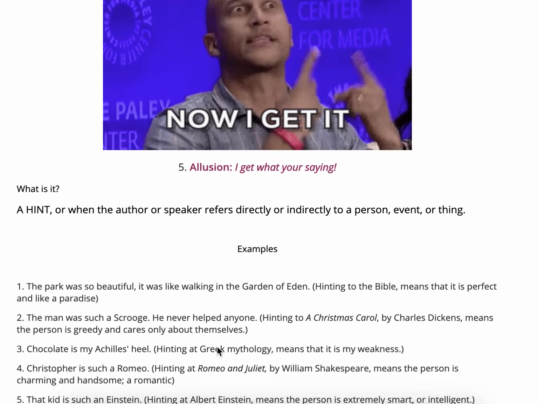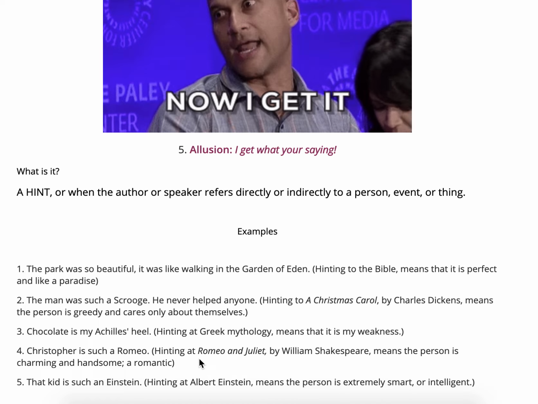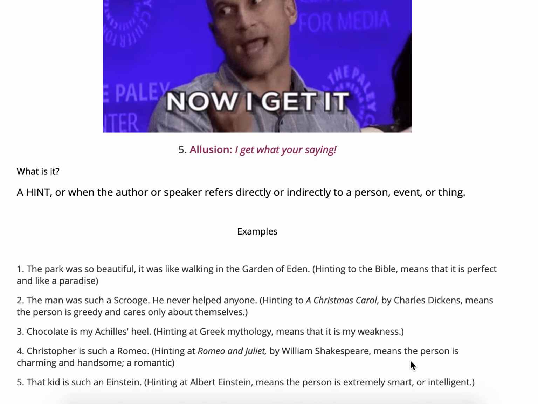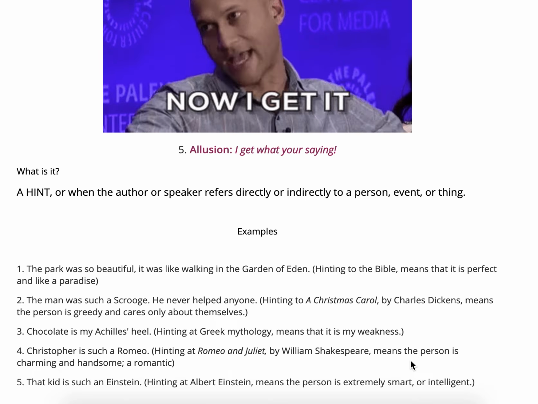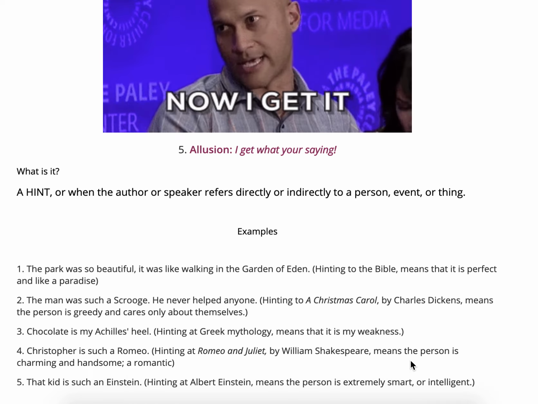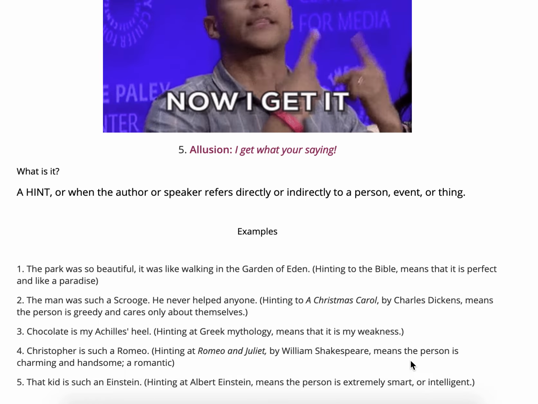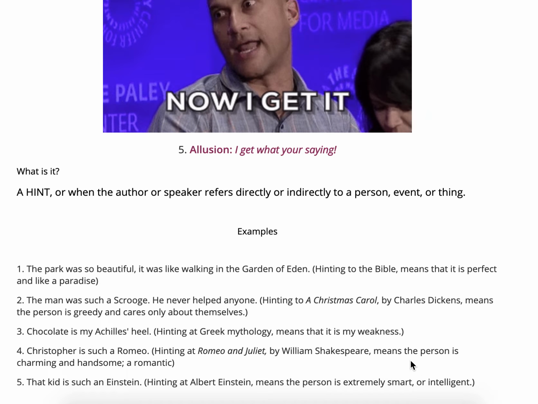Okay. So Christopher is such a Romeo, hinting at Romeo and Juliet by William Shakespeare, and it means the person is charming, handsome, and a romantic. Now, this is when I talk about reading being very important, or even just your prior experiences, because even if you've never read Romeo and Juliet, it is referred to so often that we all know what it means to be a Romeo.